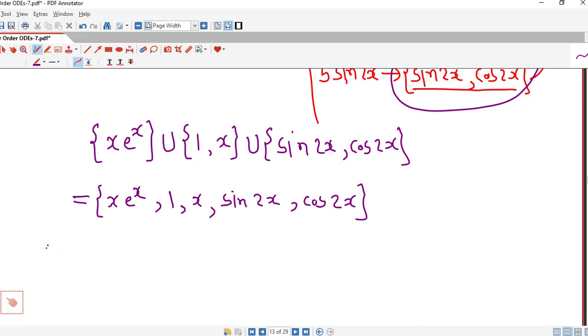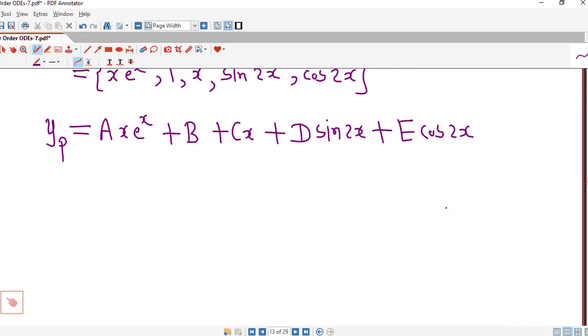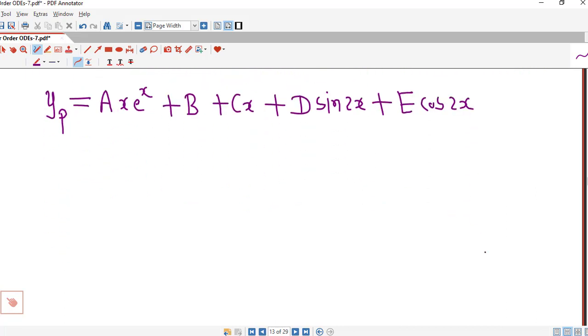So our choice for particular integral becomes a into x into e raised to x plus b plus c into x plus d sin 2x plus e cos 2x. So in this way we can select the proper particular integral for the method of undetermined coefficients.